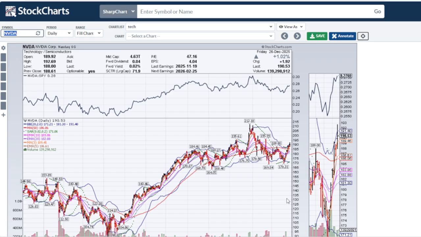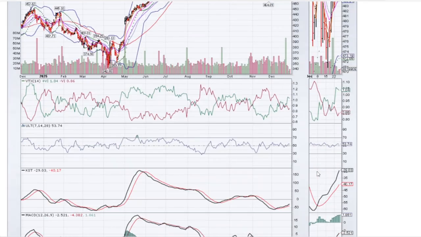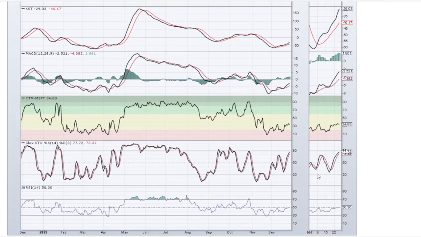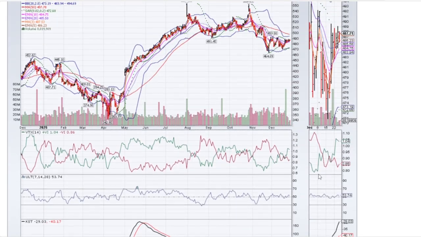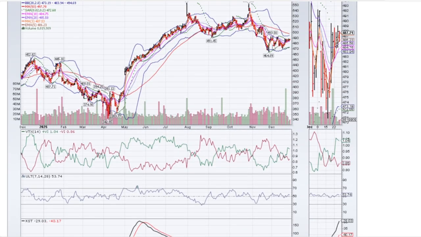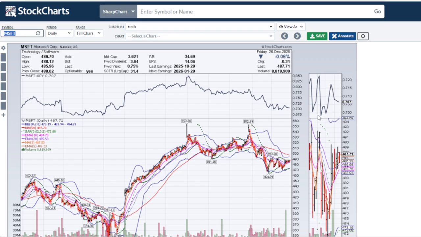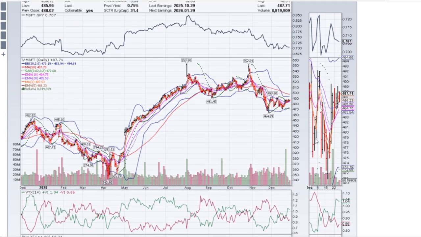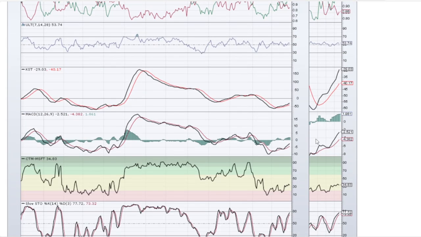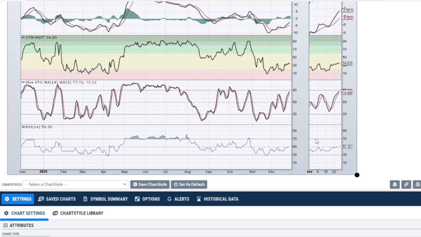Let's keep it moving. Let's look at Microsoft. Microsoft as well is actually below its 50-day moving average and in the middle of its Bollinger Band. We probably want to keep a look at Microsoft because the RSI is settling at 50.